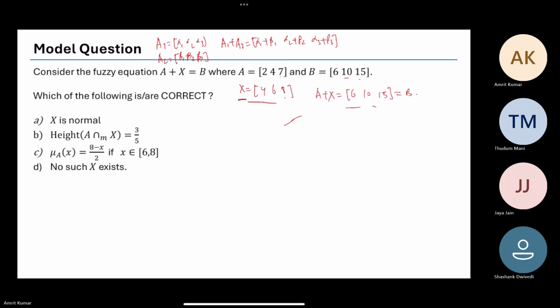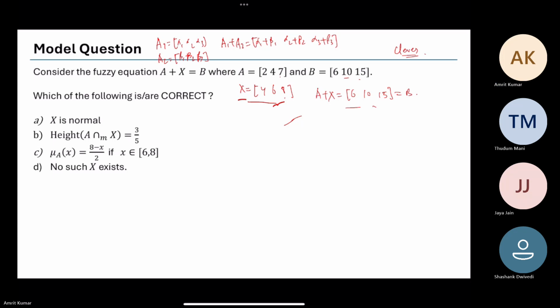But the first thing that should come to your mind when you are dealing with fuzzy equations where you have fuzzy numbers a and b is to do something like this. When a and b both are triangular fuzzy numbers, you should think, okay, can we construct a triangular fuzzy number x such that a plus x equals b? So that's a clever way of solving fuzzy equations.